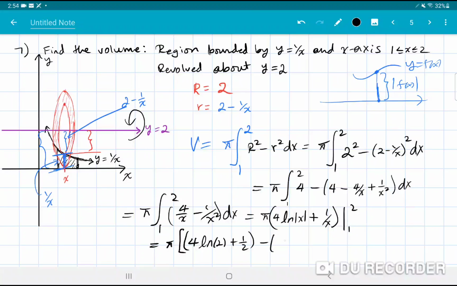Minus, put 1 in, gives you 4 natural log of 1, which is 0, plus 1 over 1. So that's a 0. I have a half minus 1 gives us minus a half. So all in all, I get pi times 4 times natural log of 2 minus 1 half. And that's our final answer.